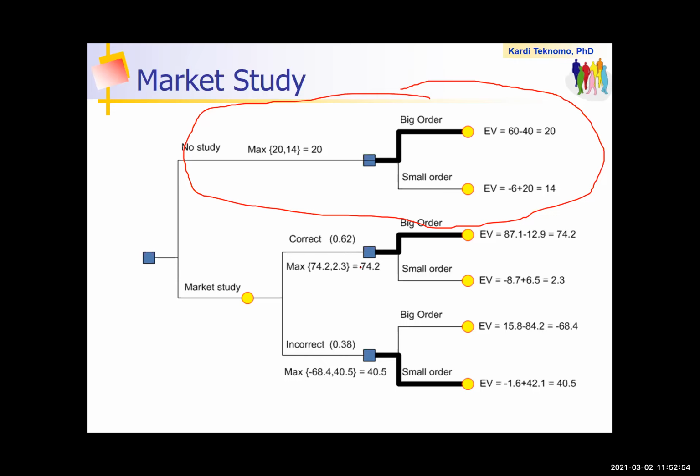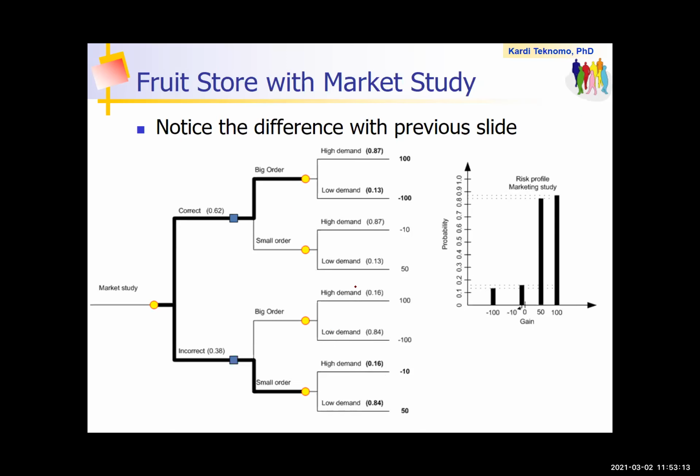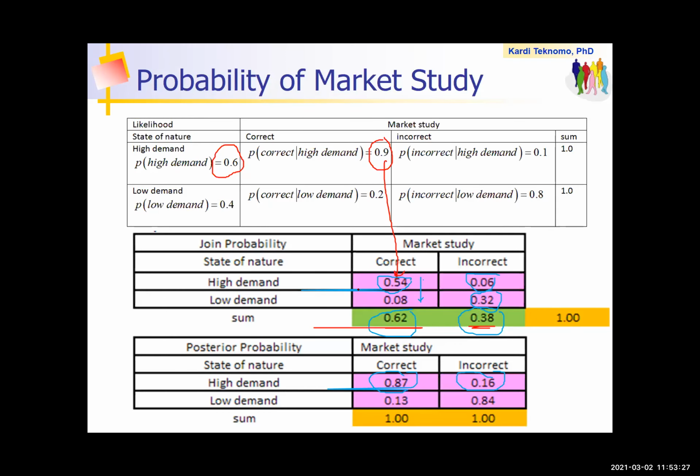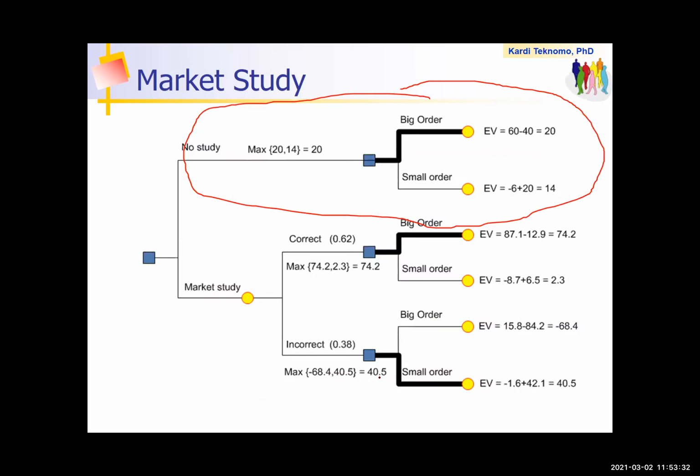And then now you have a new value of this EV and the risk profile. Then you can calculate the risk profile here. So I computed here, you see if the market study is correct or incorrect. The market study is correct, the probability is 0.62 based on that table, right? And then now you also use the posterior probability.